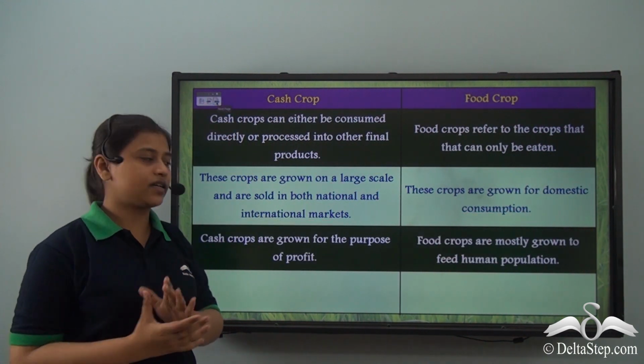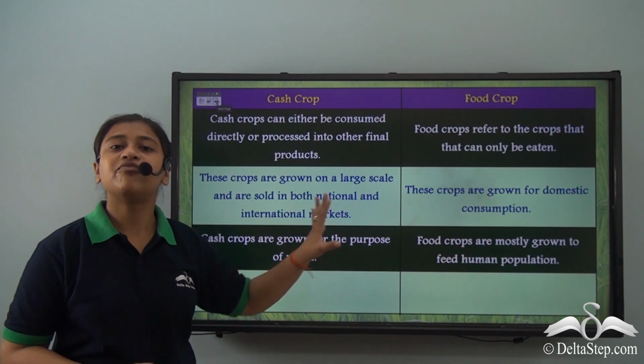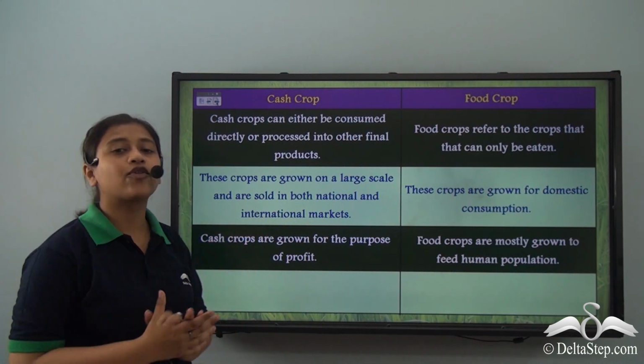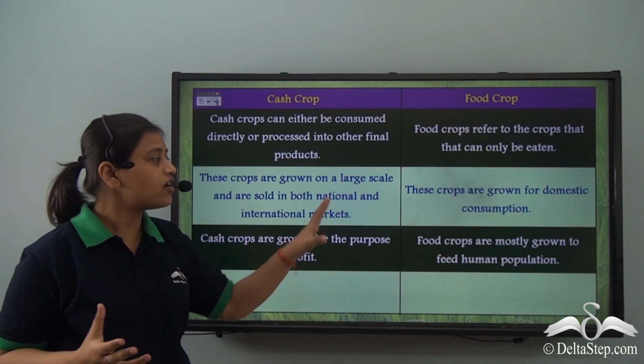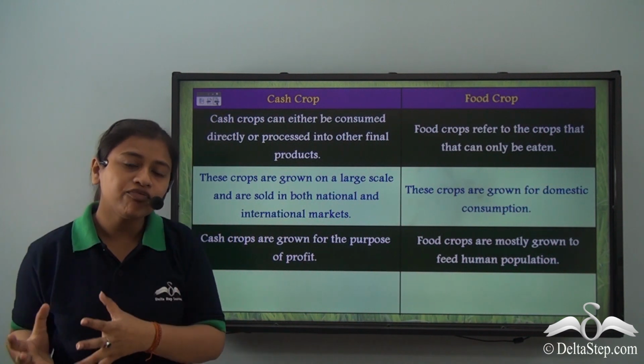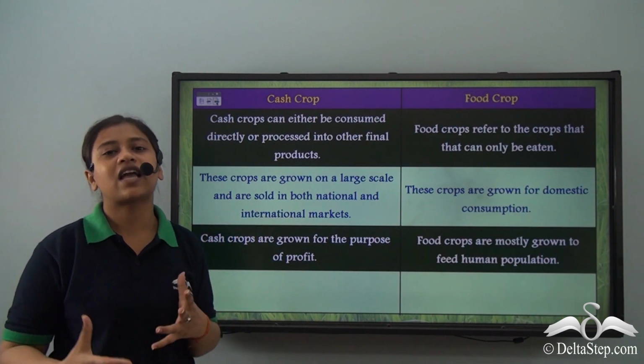Now coming to the third point. So it says that the cash crops are grown for the purpose of profit. Yes, as I've mentioned earlier, the cash crops are grown for a commercial purpose on a very large scale. So it definitely requires a profit for the person who is investing in the cultivation of these cash crops.